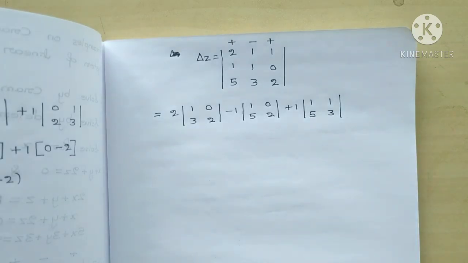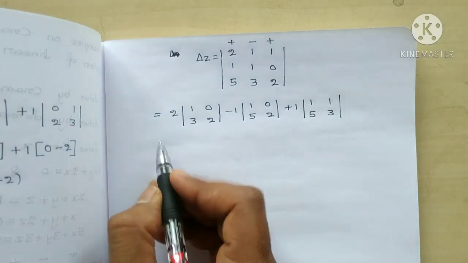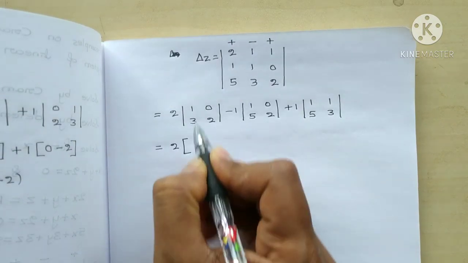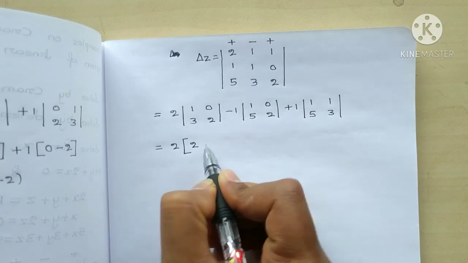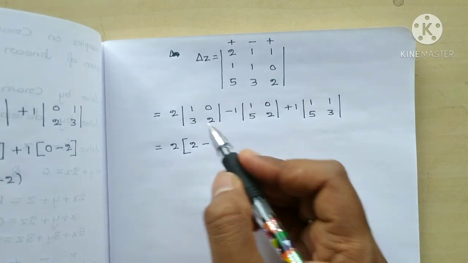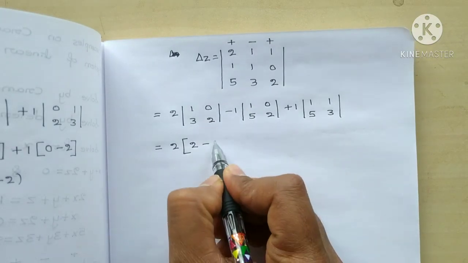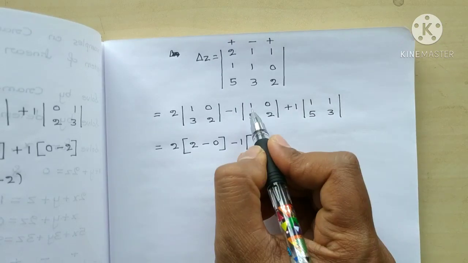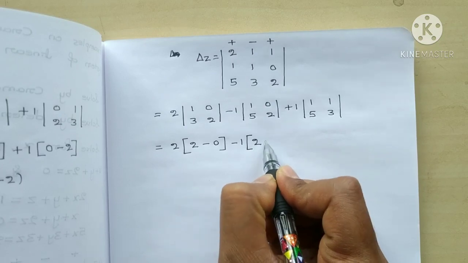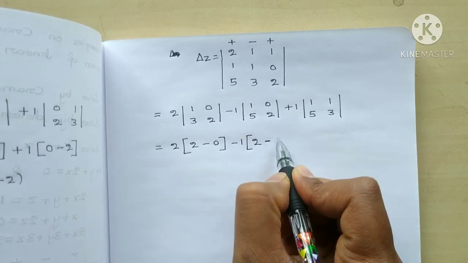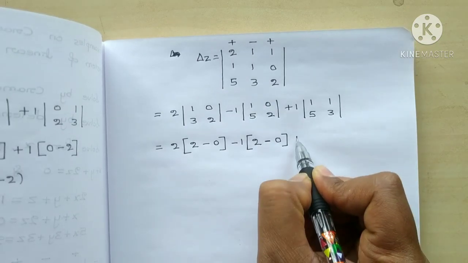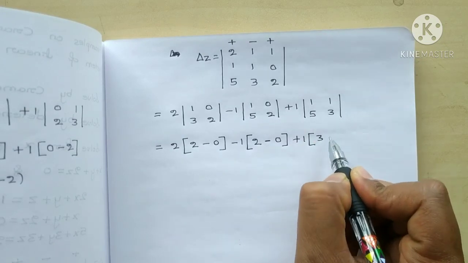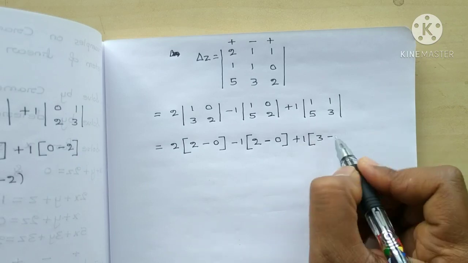Now apply second order determinant rule here. So which is equals to 2 as it is in bracket 1 into 2, 2, middle negative sign, minus 3 into 0 is 0, minus 1 into bracket 1 into 2, 2 minus 5 into 0, 0, plus 1 into bracket 1 into 3 is 3 minus 5 into 1 is 5.